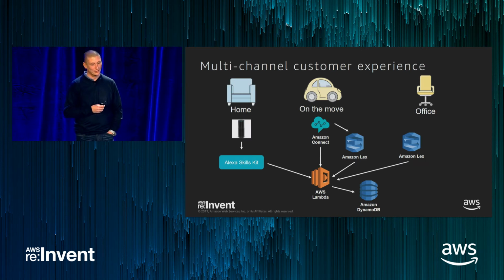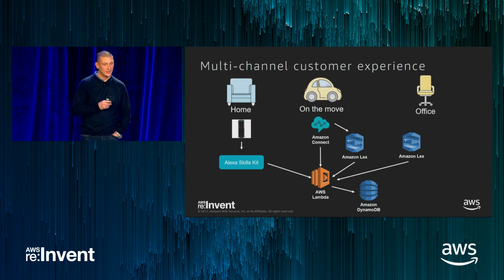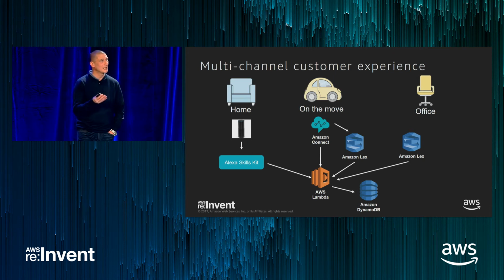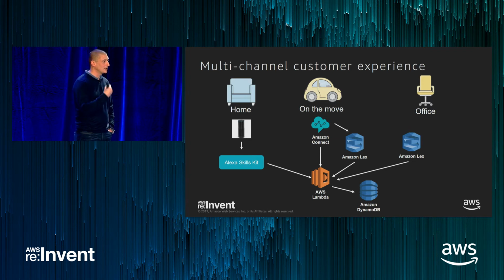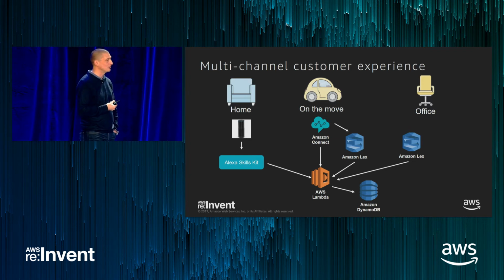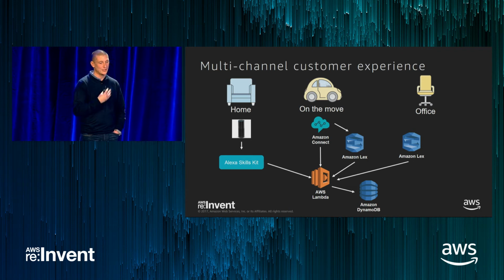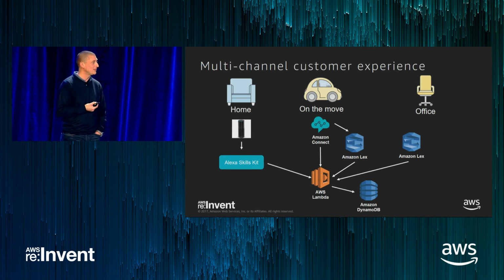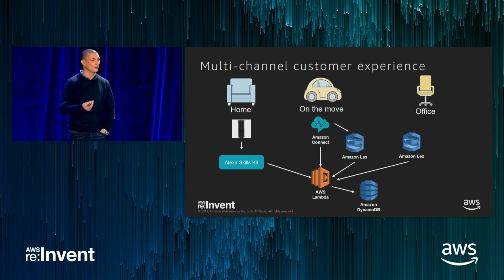So if you want to go across a multi-channel experience. Here we're thinking about, what if you kicked off a job with Alexa and had an interaction on a batch process that you started at home? You would use the Alexa Skills Kit, you could interact with Lambda, and you could have something storing your state, such as DynamoDB.